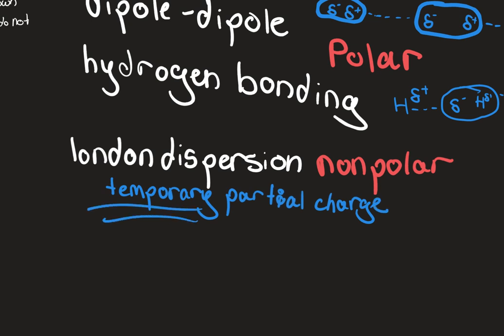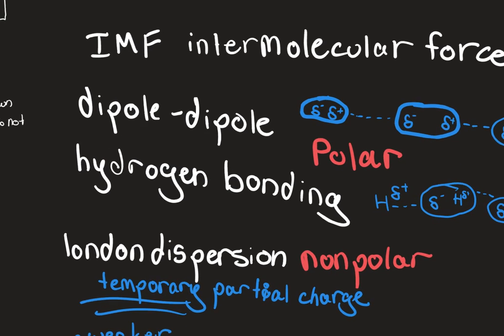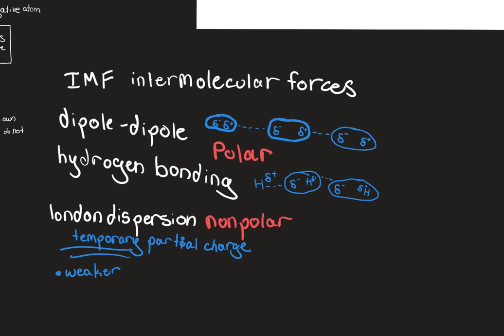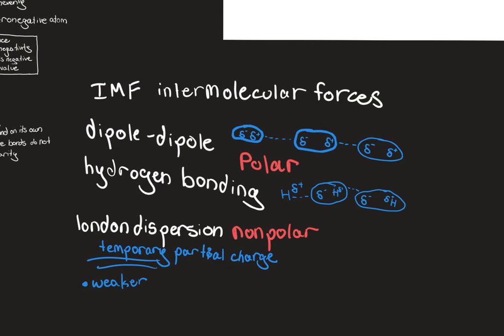So London dispersion is going to be weaker than dipole-dipole and hydrogen bonds. That's something important to know. But also, I want you to take note that dipole-dipole, hydrogen bonding, and London dispersion are all occurring between either polar or nonpolar molecules.